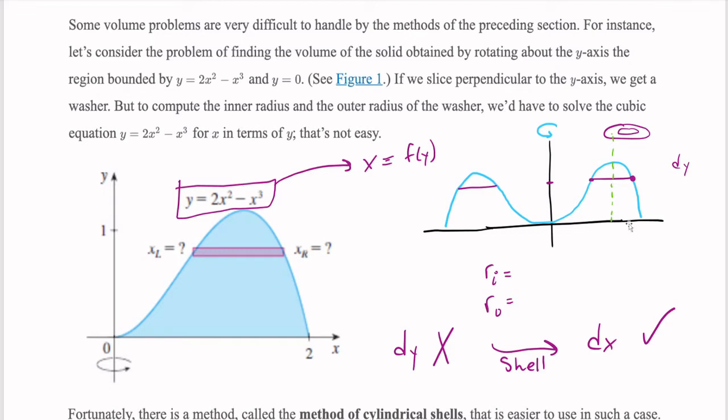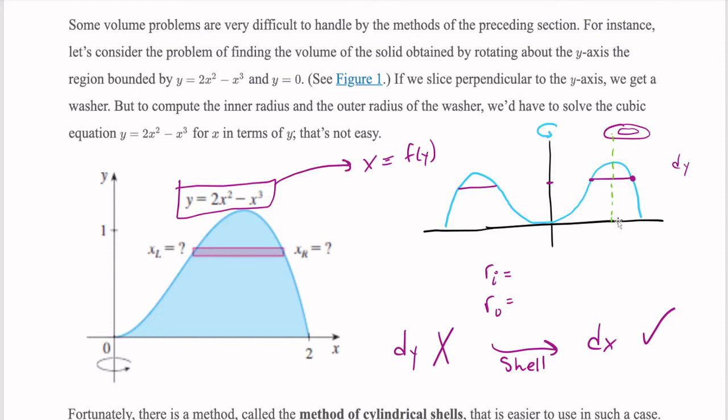Very simply, it gets us out of this dy scenario, y as our variable, and gets us into an x scenario, which you'll see in the picture in a second, kind of how that works. And you will see in an example later that this works for the other direction too. We'll see an example where I'm rotating around the x, which if I'm doing this, just washers and discs like in the last section, I'd be dx, let's go.